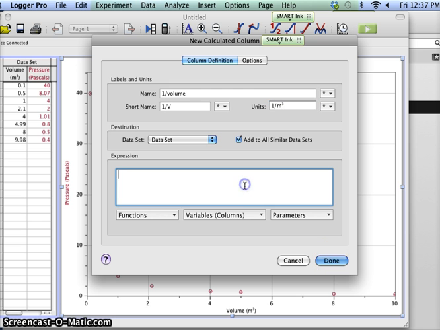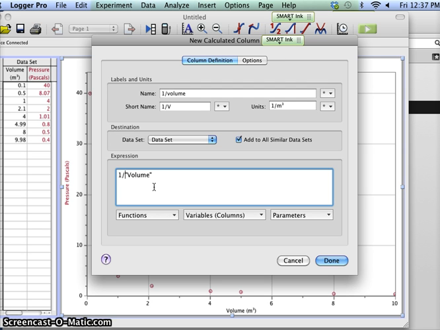Okay. And then this is the important part. We have to tell Logger Pro exactly how to make this new column. So Logger Pro is going to take the volume column, every number there. So take every volume and do what? So we want to inverse it. So instead of volume, we want 1 divided by volume.